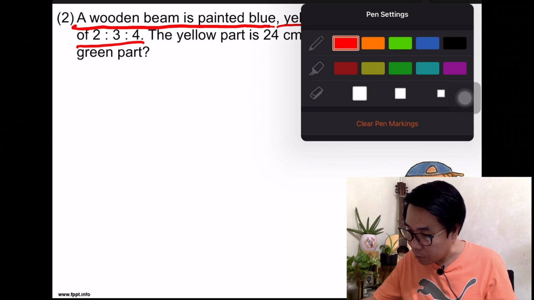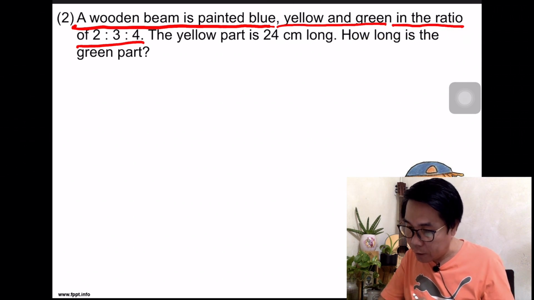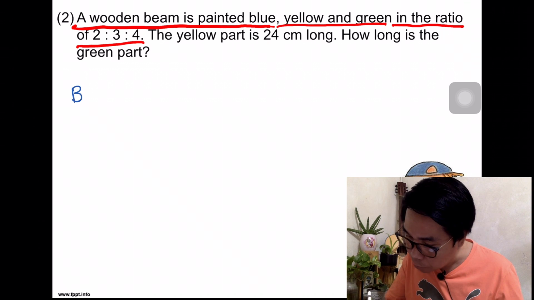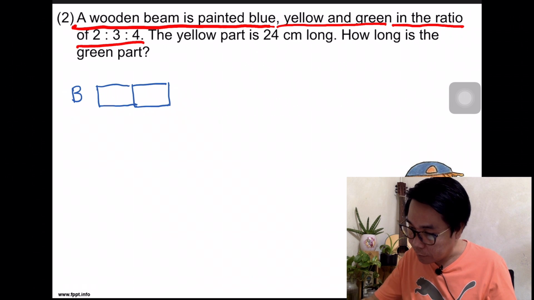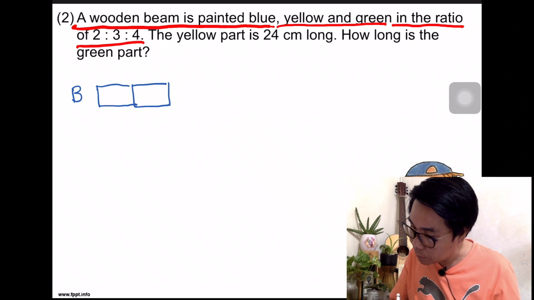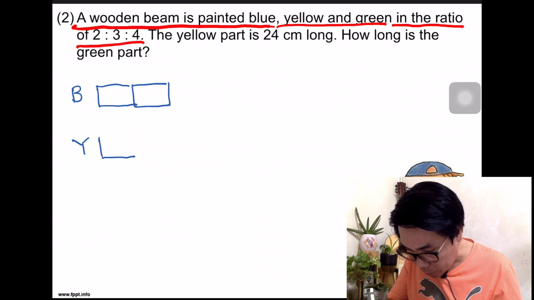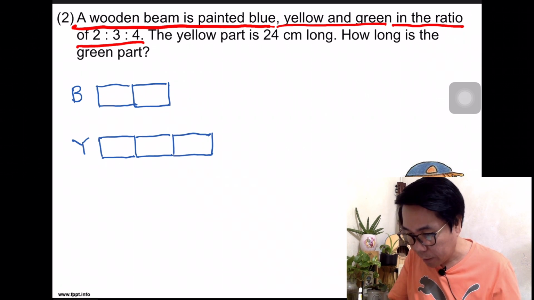Okay, now, so first statement, we can now draw the model. So for the blue, 2 parts. 1, 2. Okay, next, for the yellow is 3 parts. 1, 2, and 3.